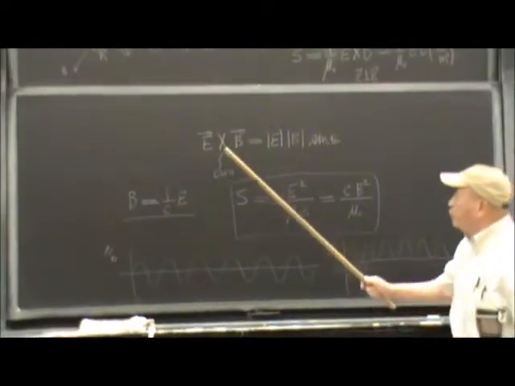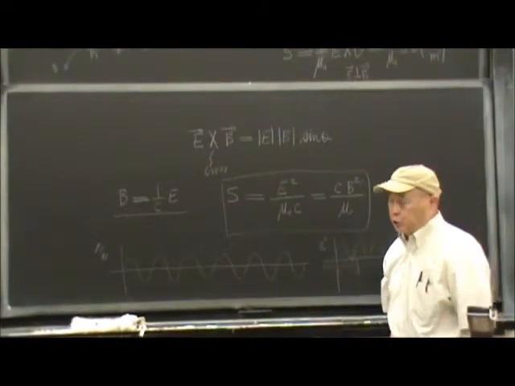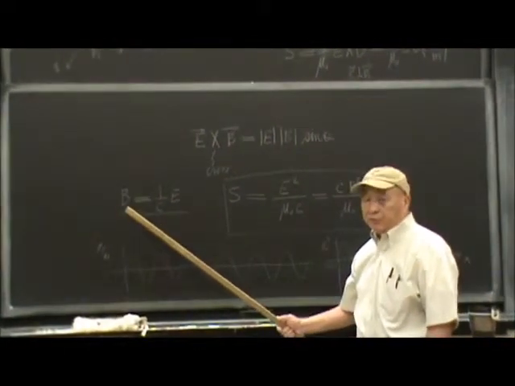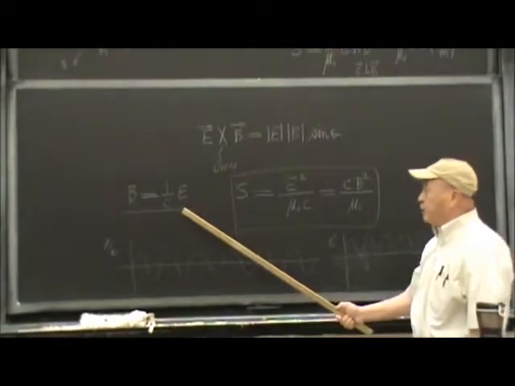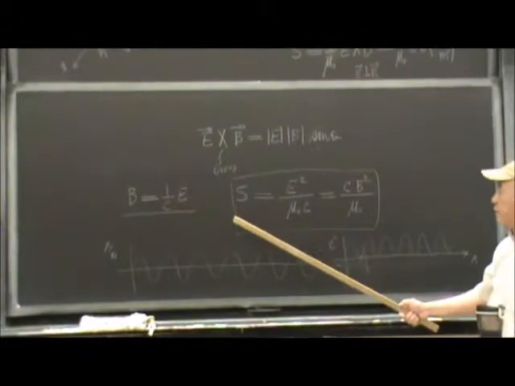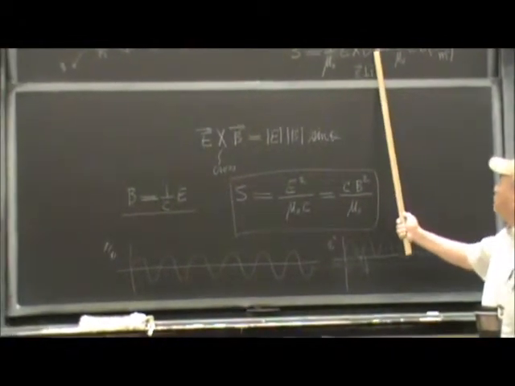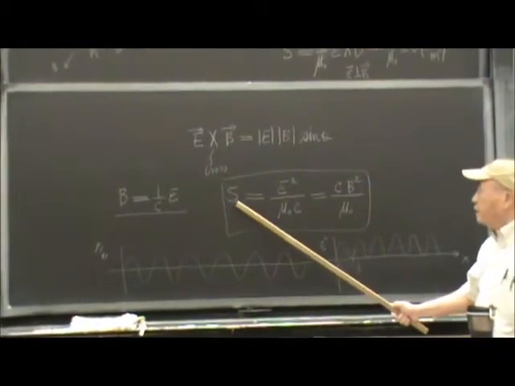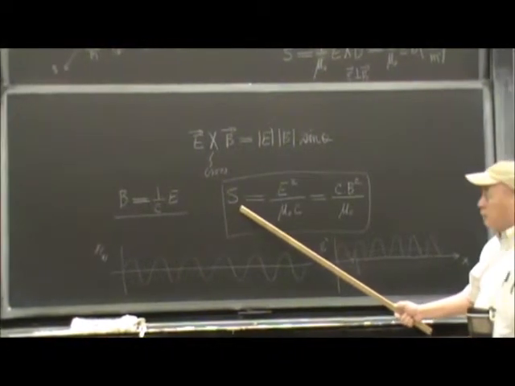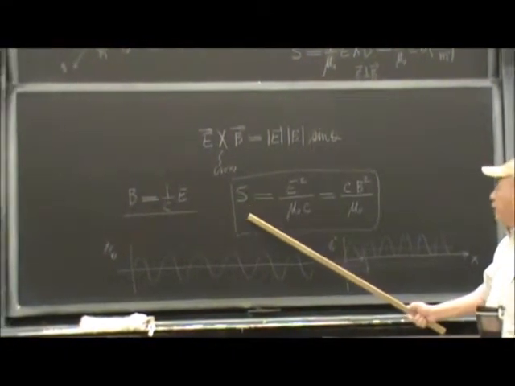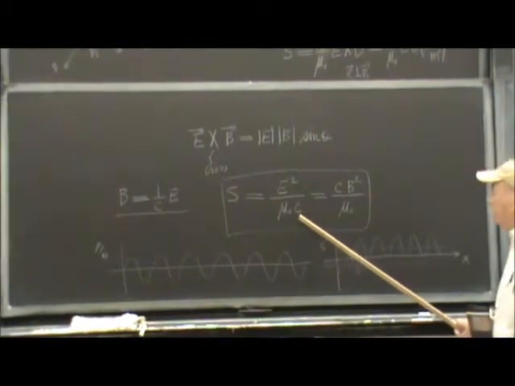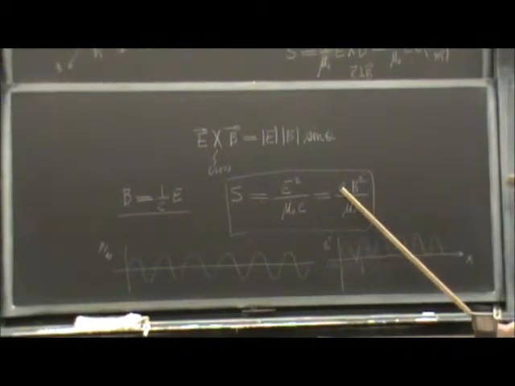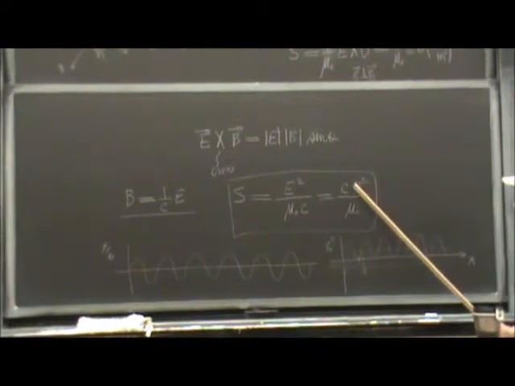Since this is a cross product, you should relate it with E times B times sine theta. The electrical field and magnetic field have a certain relationship, as we presented before: the magnetic field equals 1 over C times E. By substituting this back, we get S, the absolute value of the energy, equal to E squared divided by mu sub 0 C, or C divided by mu sub 0 times B squared.